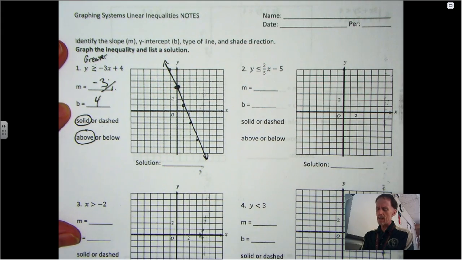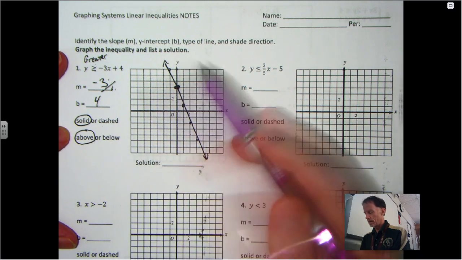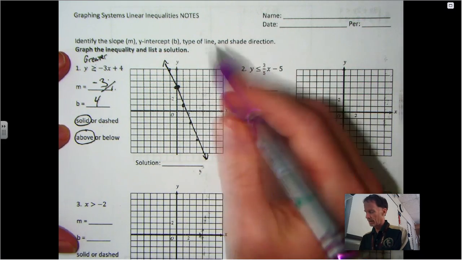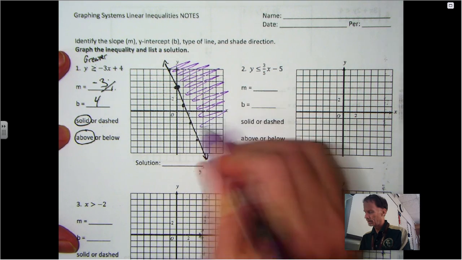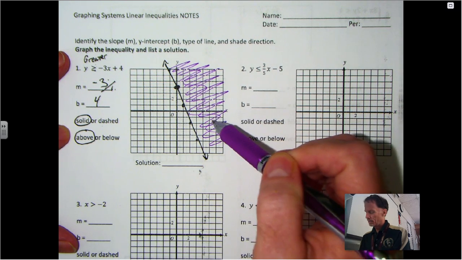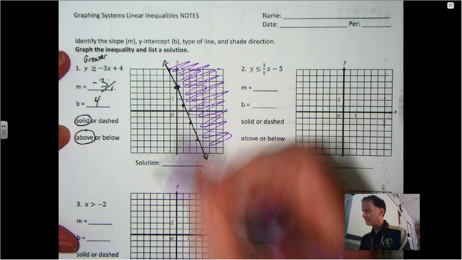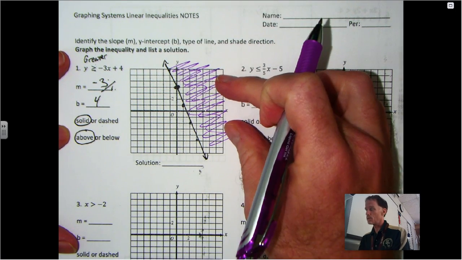And then when we go to shade, just think of whether it's going to be above or below, and physically, where does it look like? If it's above, we're going to be shading all up in here. Now, if we're looking at the solution, remember, there's always an infinite number of solutions for any inequality, because anywhere in this area is going to be a solution.